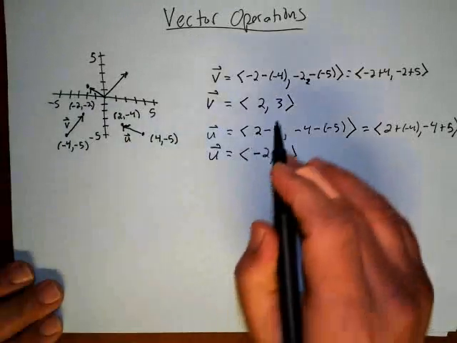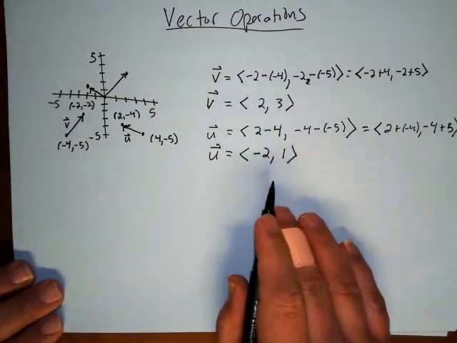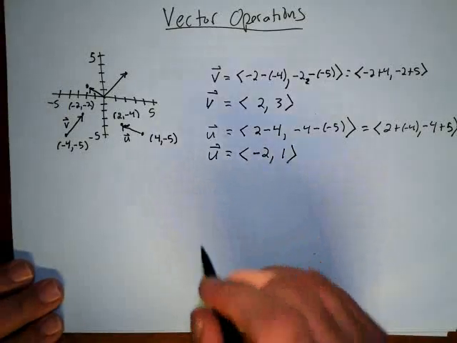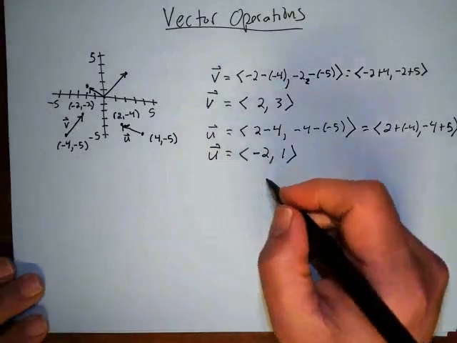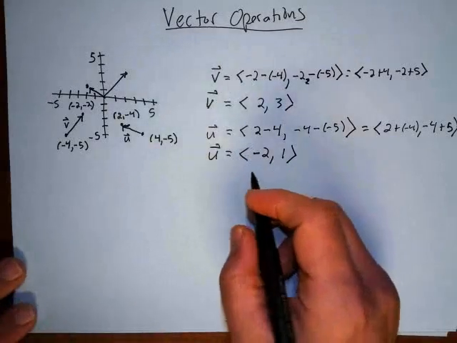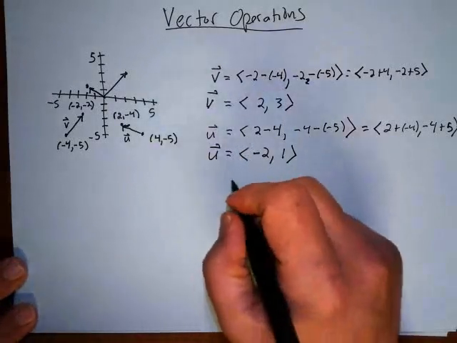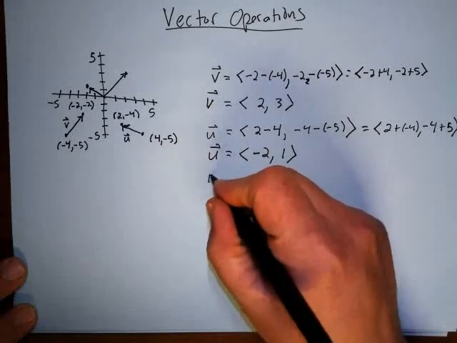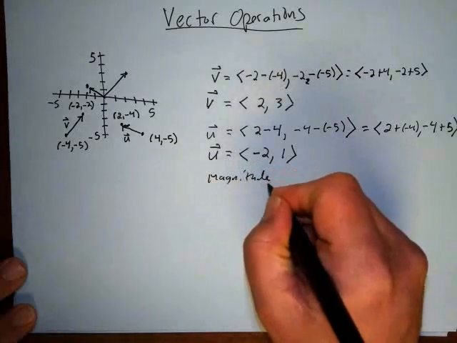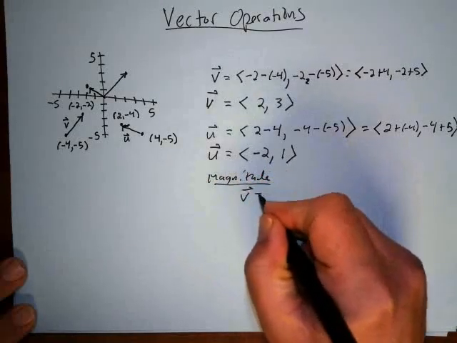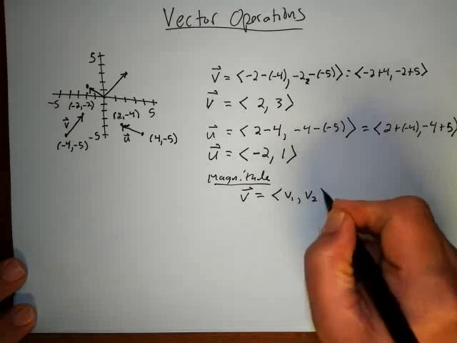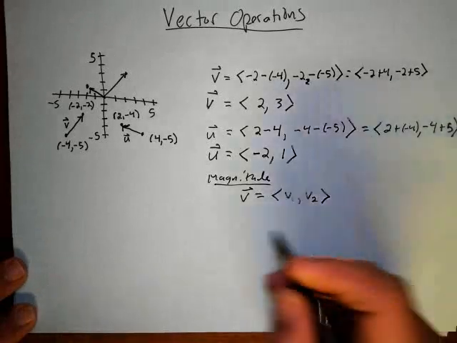What's really nice is that when these vectors are in component form, a lot of things are really easy. Let me show you just a few of them. So the magnitude: let's say vector v is ⟨v1, v2⟩, and these are the two components of vector v.